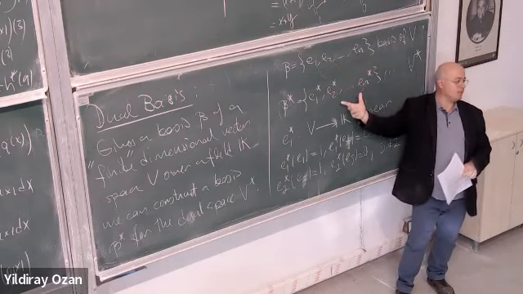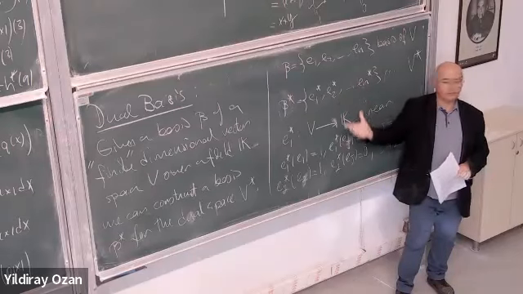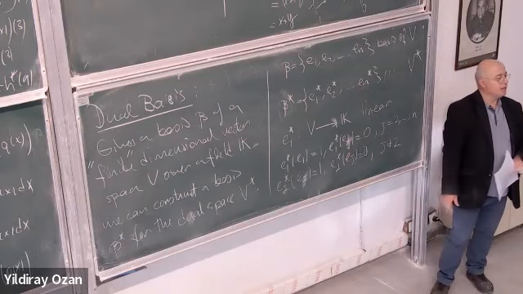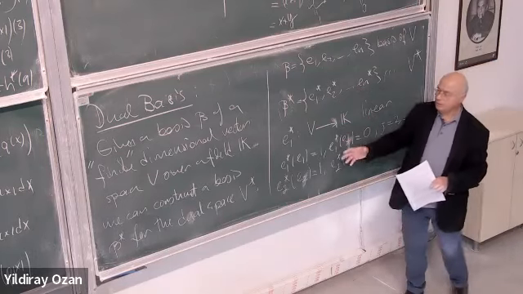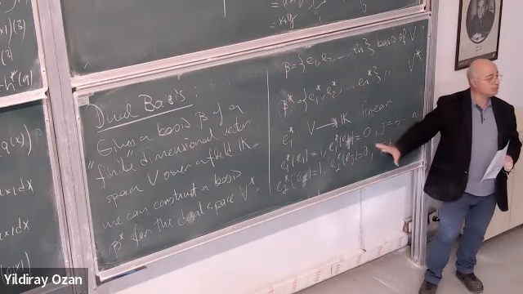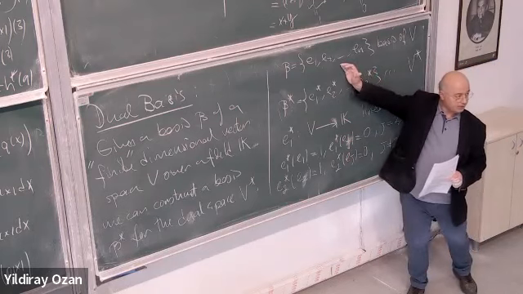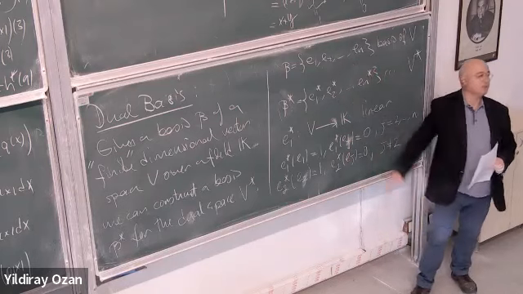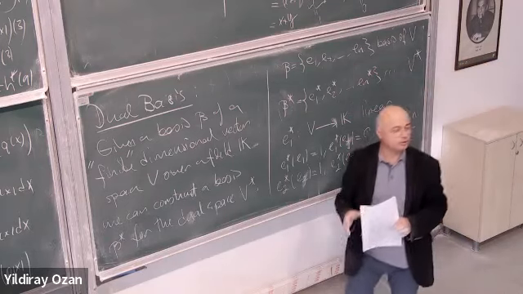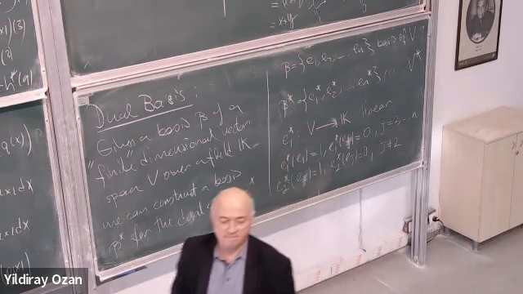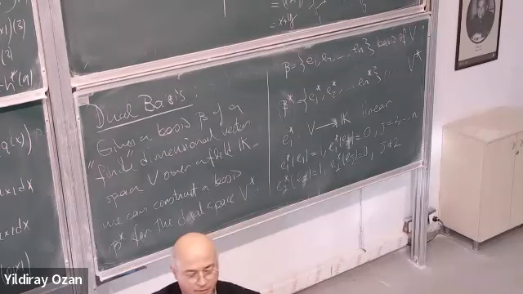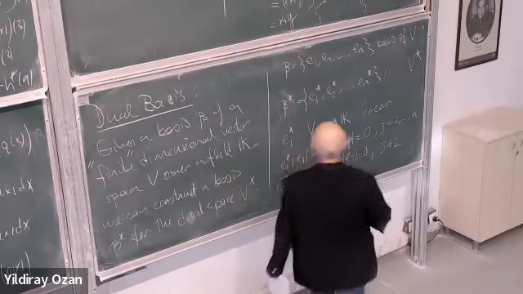Ona da dual baz diyoruz ve bu şekilde tarif ediyoruz. Yani bu tanım her vektör uzayı için geçerli mi? Evet. Her sonlu boyutlu vektör uzayı için bunu yapabilirim. Bana bir baz verildiğinde onun dual bazını verebilirim. Bu şekilde tanımlıyorum ve bir örnekte de gösteriyorum. Çok mantıklı değil mi?